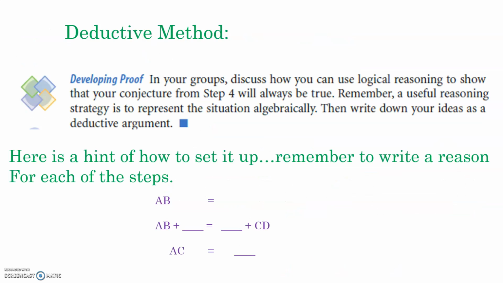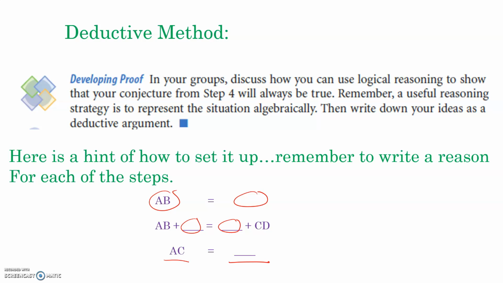And then you're going to do the same thing again, except you're going to do it deductively. So you're going to look at the picture that I have, that first picture, and you're going to say AB equals what? And then AB gets what added to it, and CD gets what added to it. And therefore, AC is going to equal what?